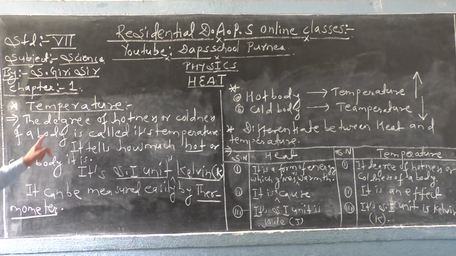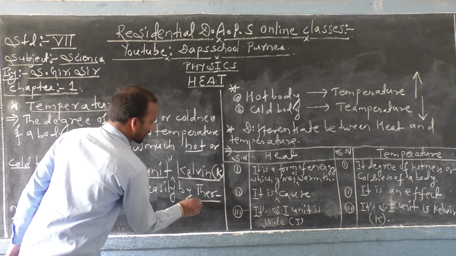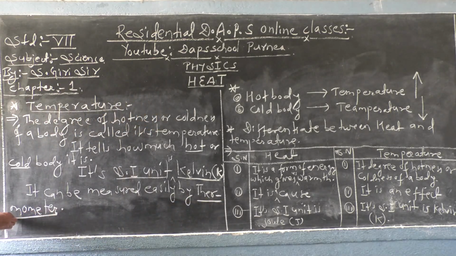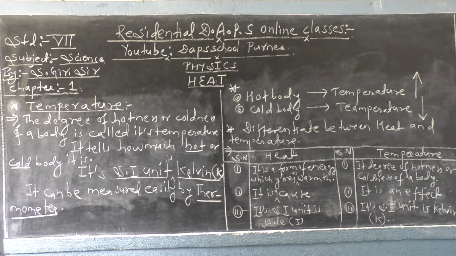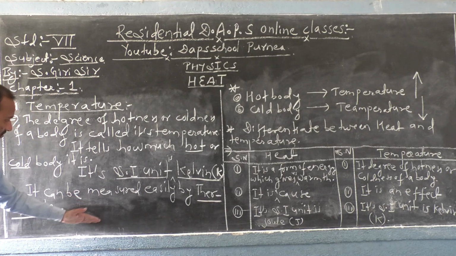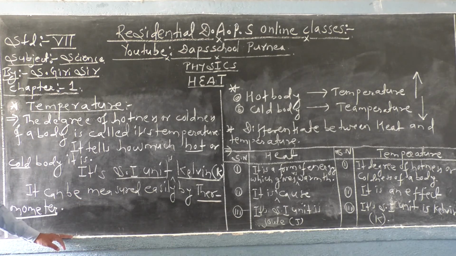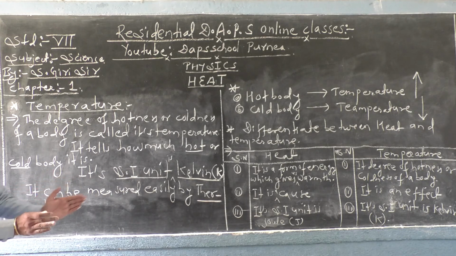Now, how to measure the temperature? Earlier we said heat energy can be measured by using the calorimeter. Similarly, if you want to measure the temperature of anybody, you can use different forms of thermometers. Not a single thermometer; seeing the condition and criteria, you have to use different variations.